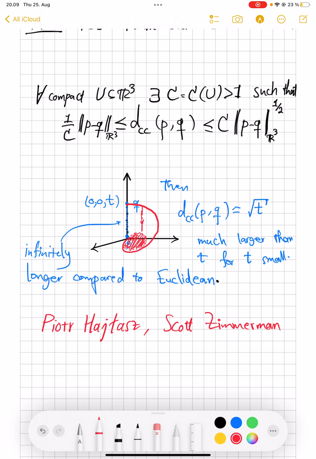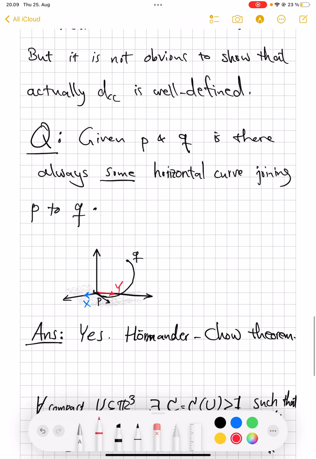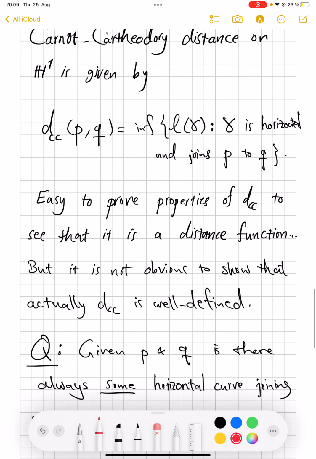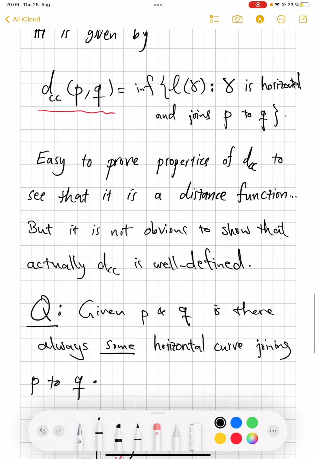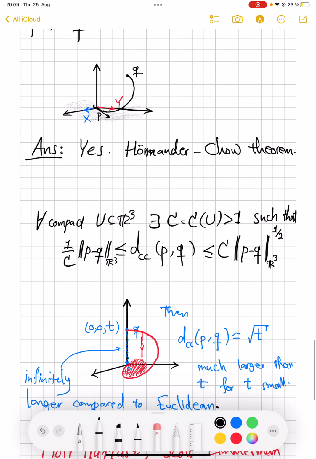Okay, so if you believe in this connectivity result, then you believe that this indeed defines a distance function on our H1. And then there's this result here which shows that this distance is truly different from the Euclidean distance.